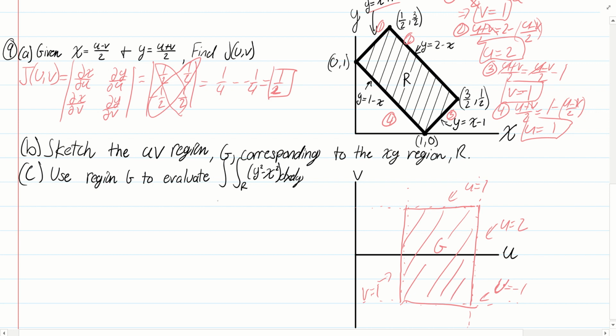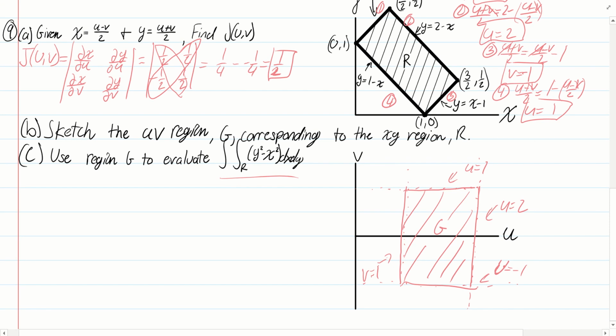Now I need to solve for this double integral in terms of u and v. So we have the double integral, and since now we're solving this with the Jacobian, we have to include our 1/2, our Jacobian determinant, and then we have y squared. So I'll have u plus v over 2 squared minus x squared, which is u minus v over 2 squared.